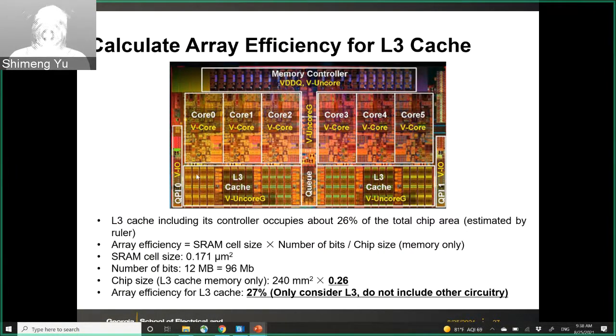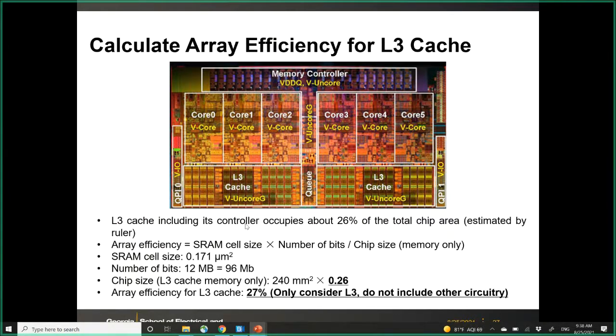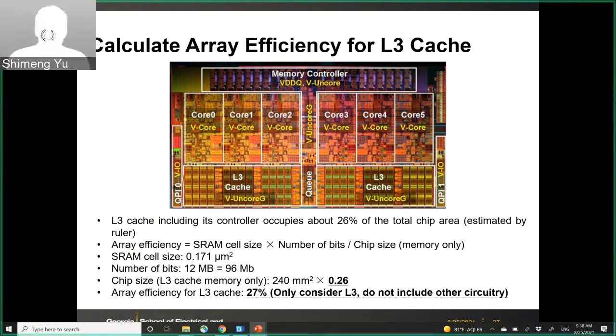So here, first of all, you have the L3 cache region, like those two. And then you can use a ruler to estimate what is the area of the L3 cache region over the total chip area.